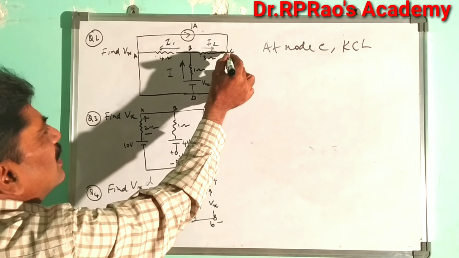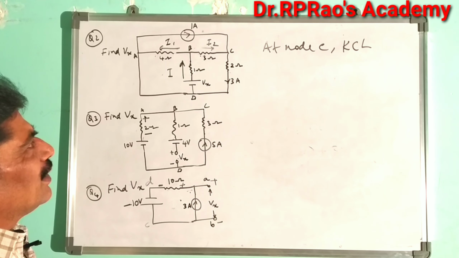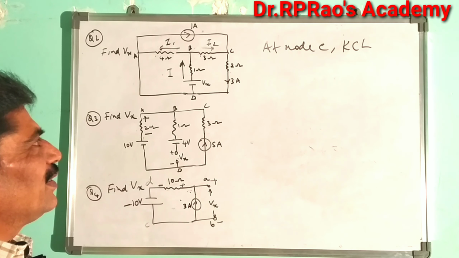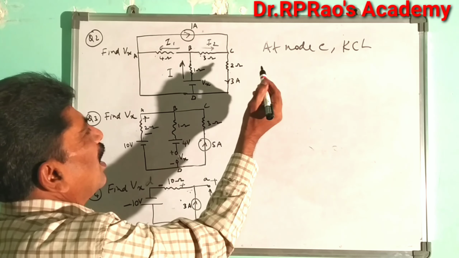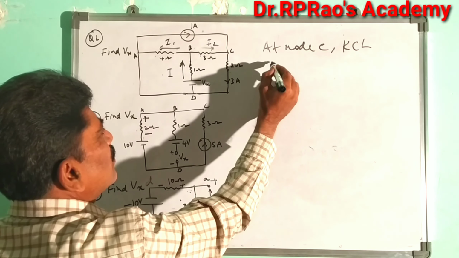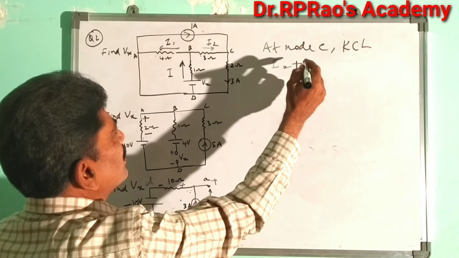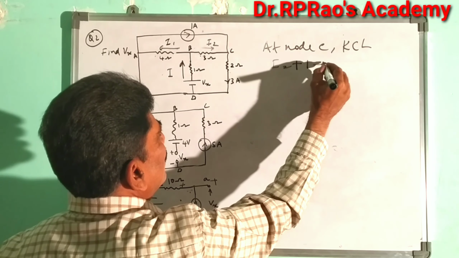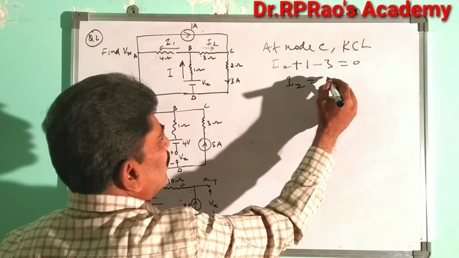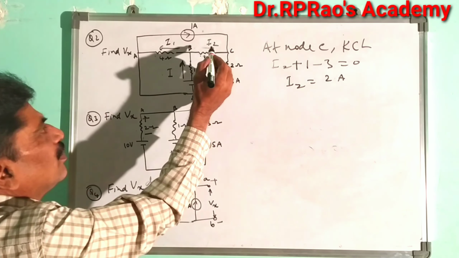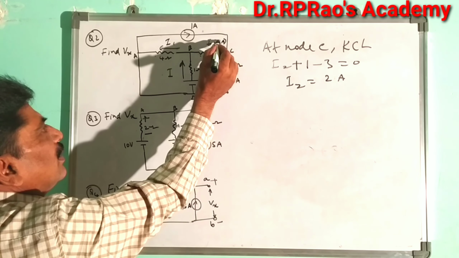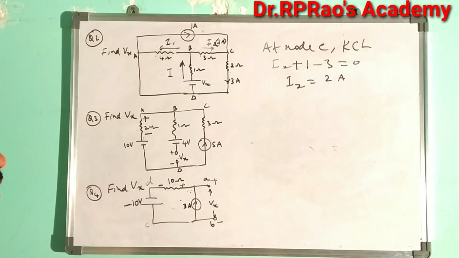So at this node C, I2 is entering and 1 ampere is entering C, and 3 amperes is leaving the node C. The sign of currents approaching the node is taken as positive. So I2 plus 1 ampere, minus 3 amperes leaving, equal to 0. So I2 is equal to 3 minus 1, 2 amperes. So I2 will be 2 amperes.